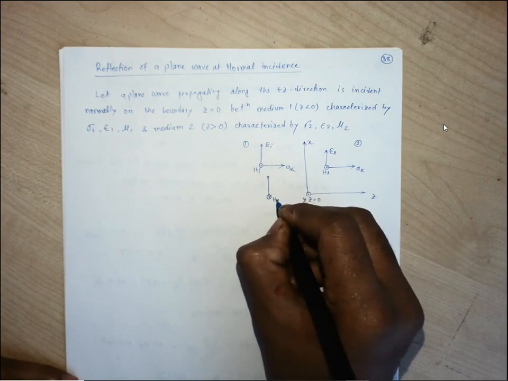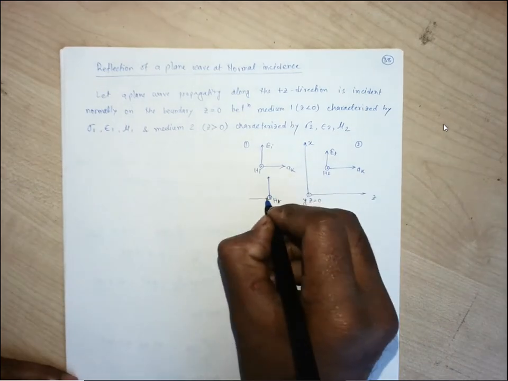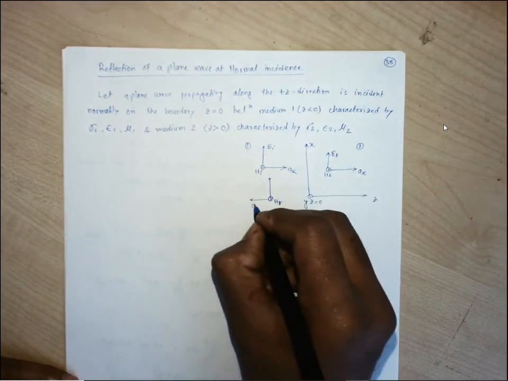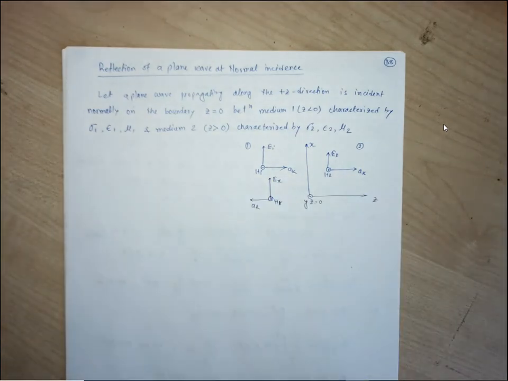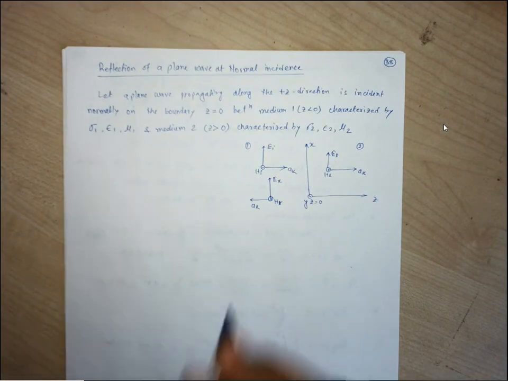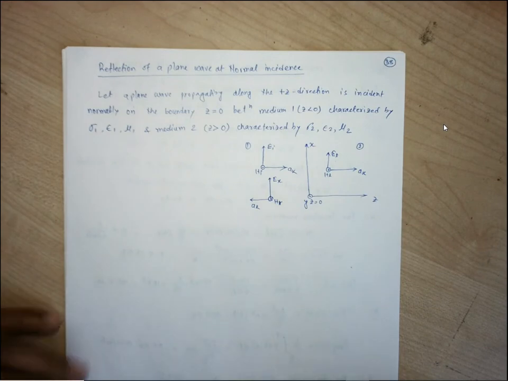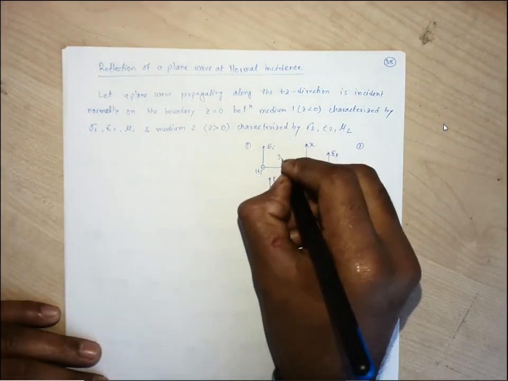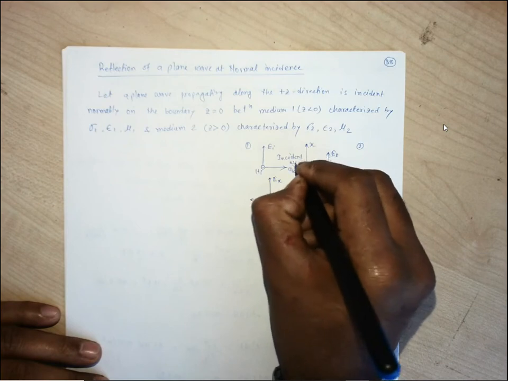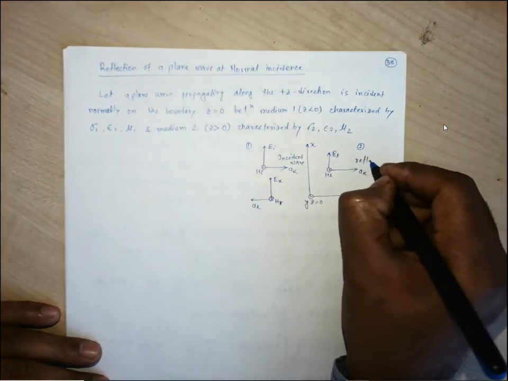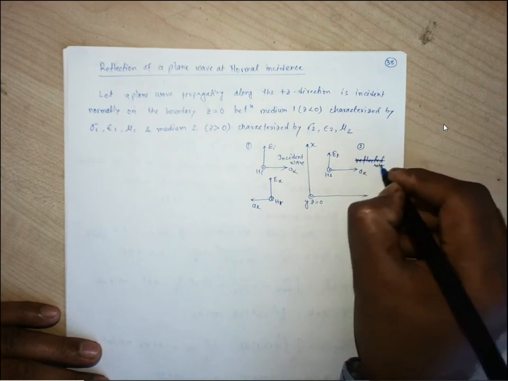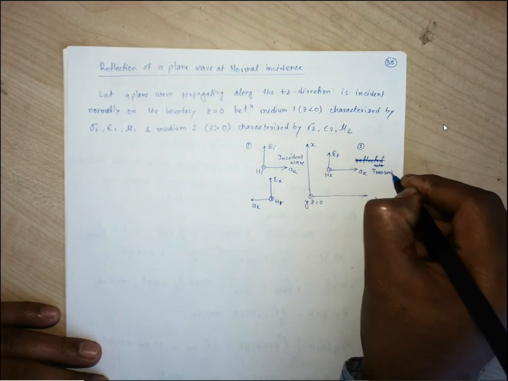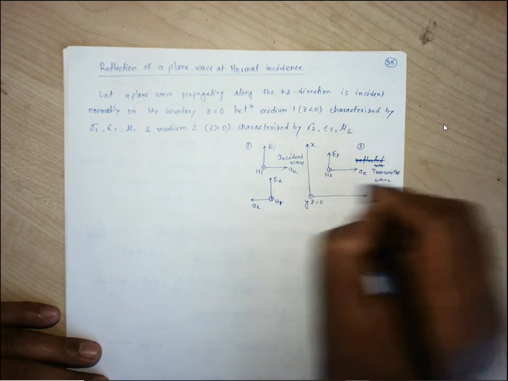It is reflected, HR, is the new direction of wave propagation, ER. Previously the magnetic field was outside the page, but now when it is reflected, the magnetic field will be directed, let us consider, inside the page. So this is our incident wave, this is our transmitted wave, and this is our reflected wave.